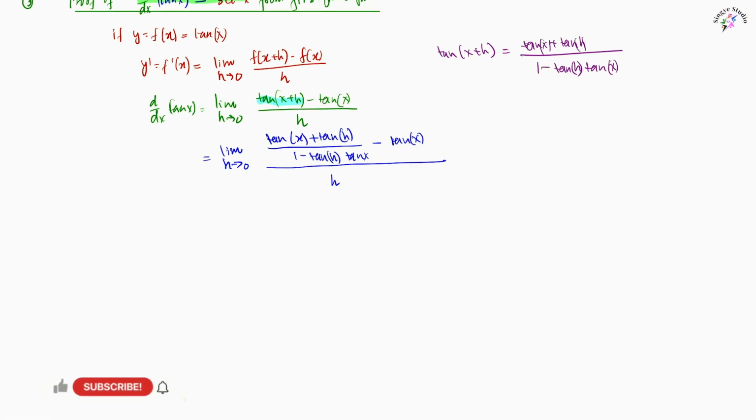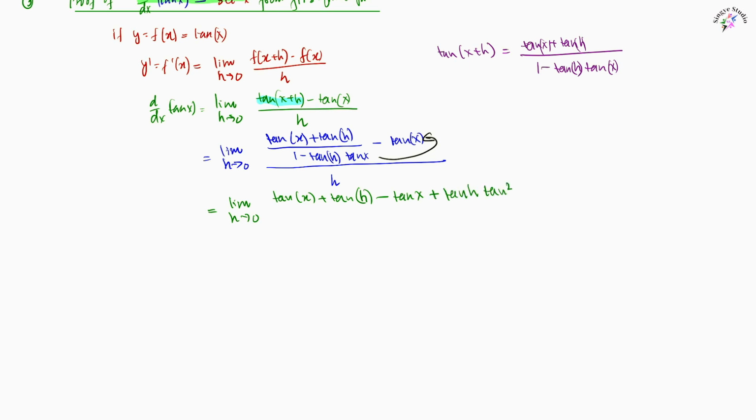Okay, now we will find the common denominator by multiplying this denominator to simplify this, and by doing this we will get the limit as h tends to 0 of tangent x plus tangent h minus tangent x plus tangent h times tangent squared x, upon h times 1 minus tangent x tangent h.